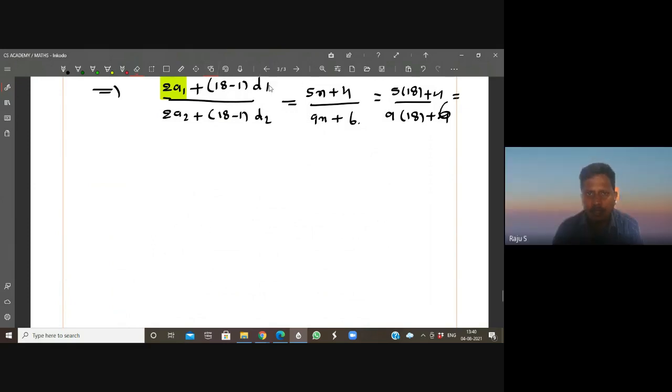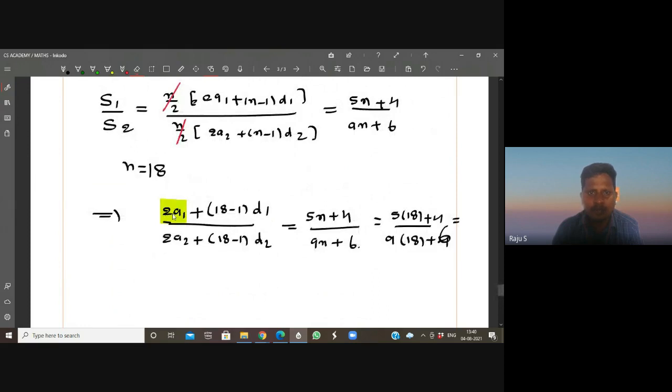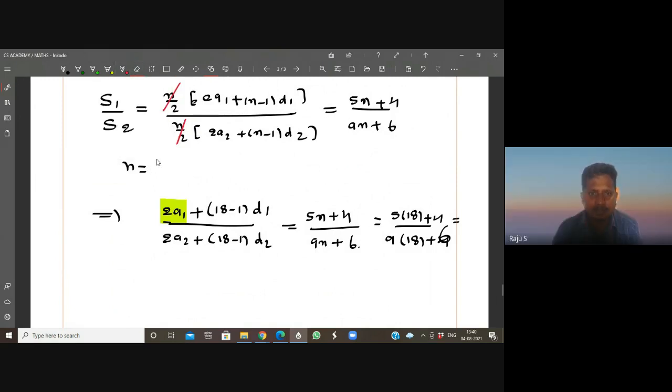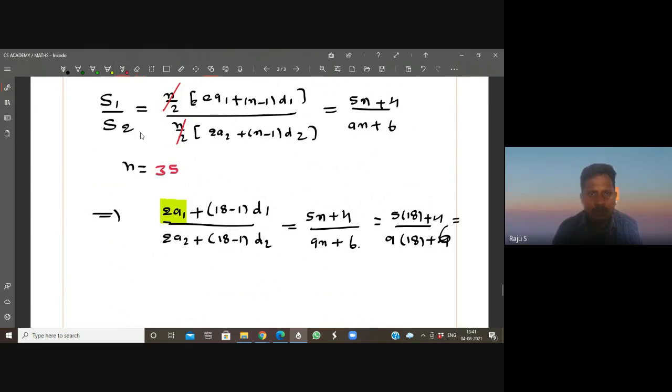Here itself, we can make the 18th term like that. 2A will be there. So we should not substitute 34, we need to substitute 2n minus 1 equal to 35, so n is equal to 35.